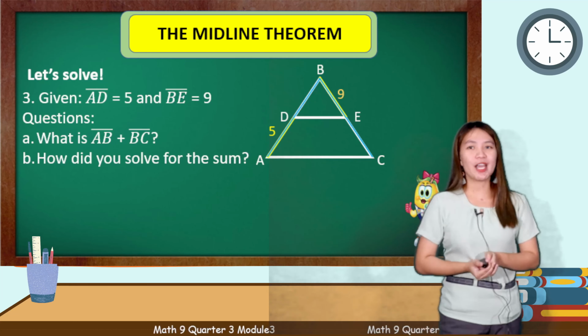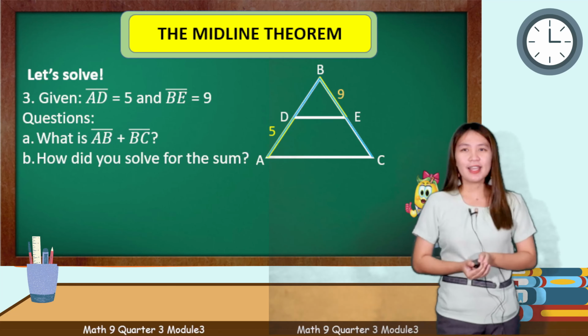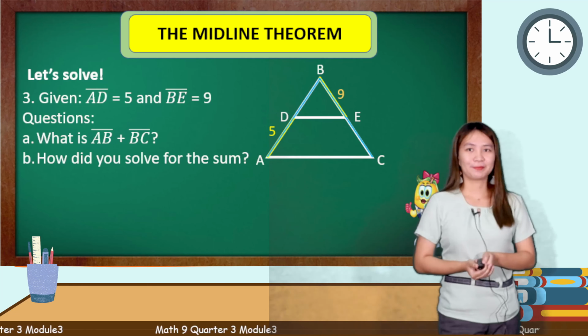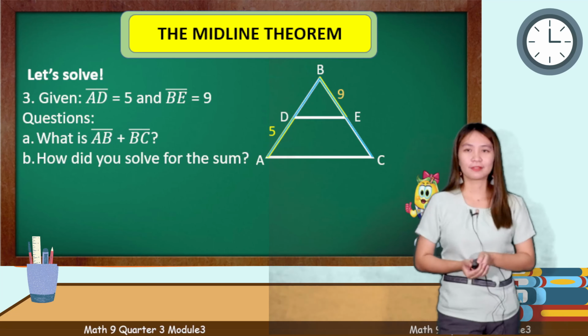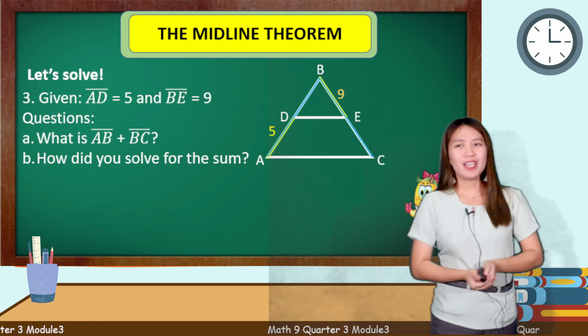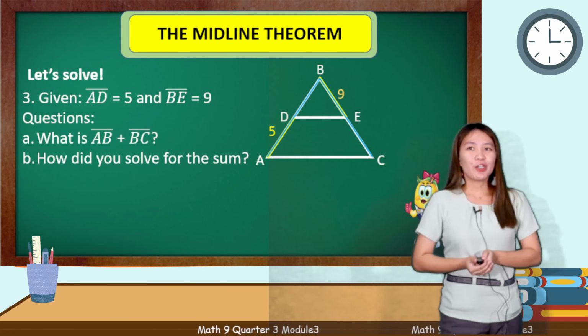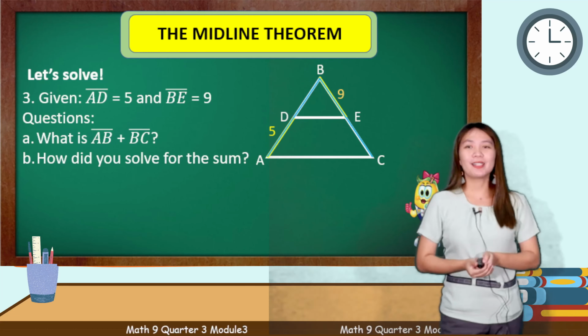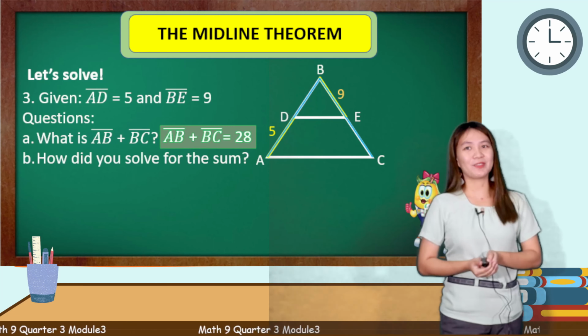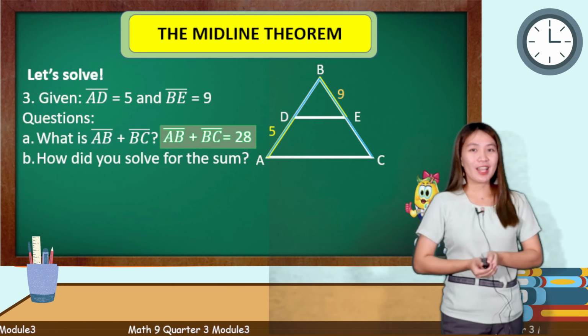So look closely at the figure and analyze what could possibly be the formula. Okay, so for this one, the measure of segment AB plus segment BC is 28. Did you get the same answer?